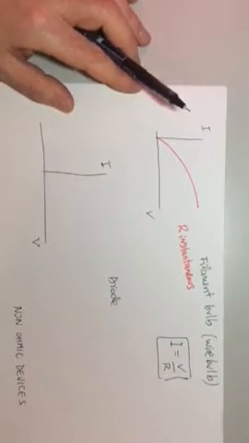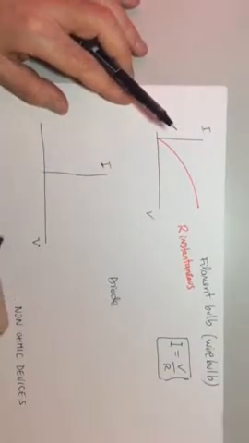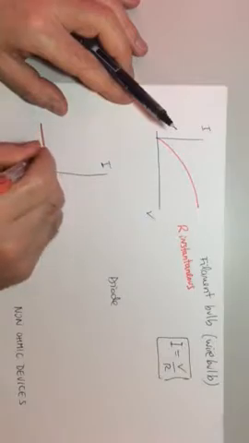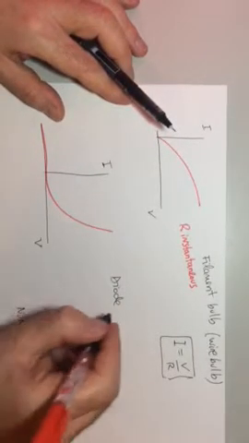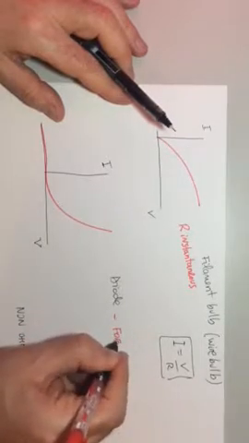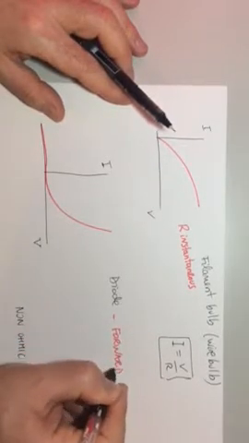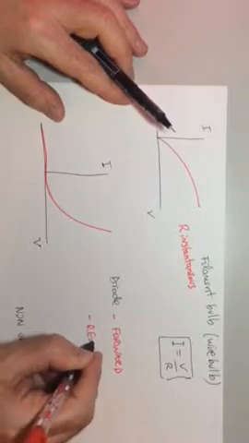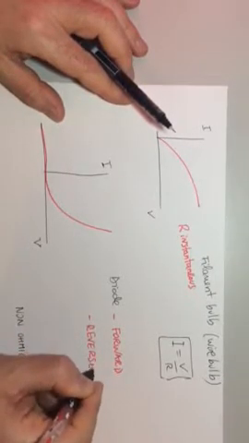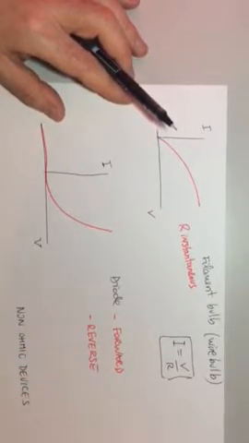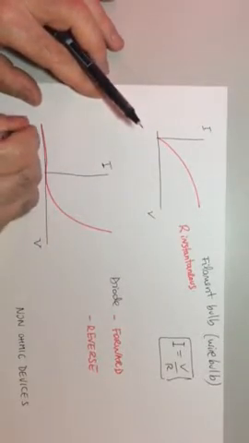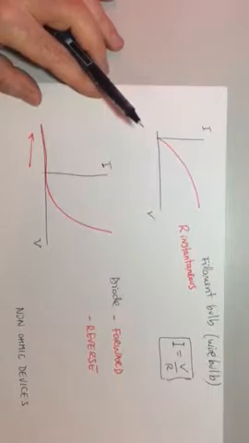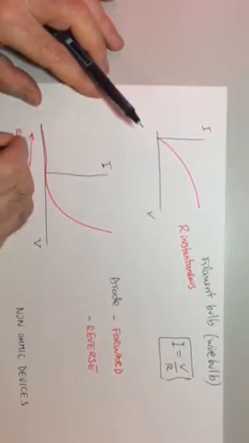A diode, on the other hand, we're going to talk about more on the next diagram, has two possibilities. One is called forward, one is called reverse. If you look at this graph, if the current is moving in one way, we call that reverse.